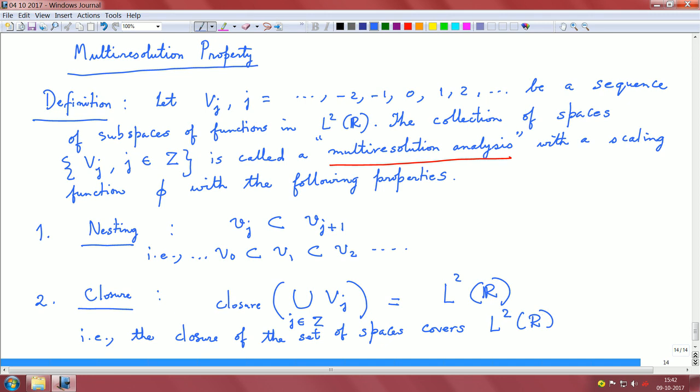which means that every function in L2 has a representation using elements in one of the nested subspaces, right.